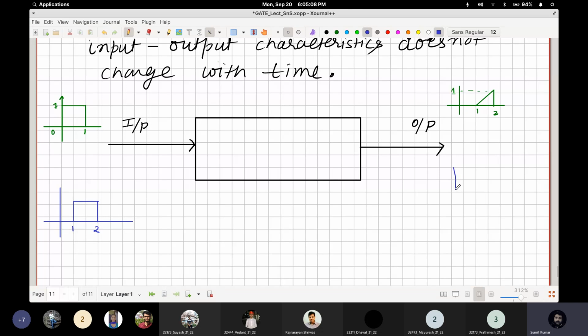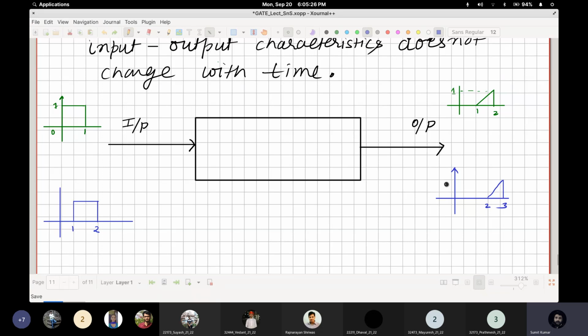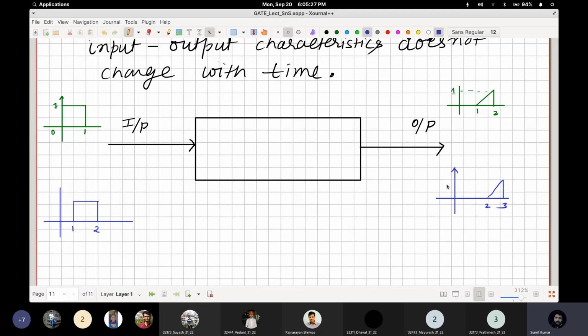Then your output also must be delayed by the same amount. The output was starting from 1, so where will it start now? It's going to start at 2 and end at 3. So if input is delayed, output must be delayed by the same amount, and then your system is going to be called shift invariant.